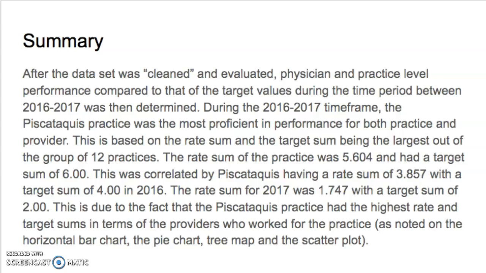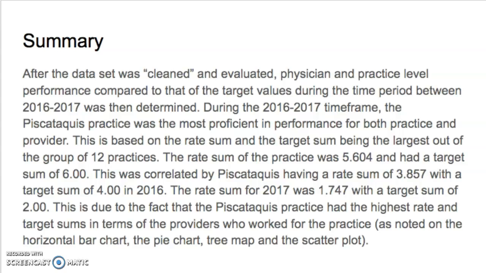After the dataset was cleaned and evaluated, physician and practice level performance compared to that of the target values during the time period between 2016 and 2017 was then determined. During the 2016 and 2017 timeframe, the Piscataquis practice was the most proficient in performance for both practice and provider. This is based on the rate sum and target sum being the largest out of the group of 12 practices.